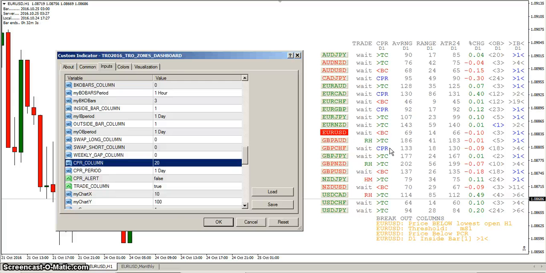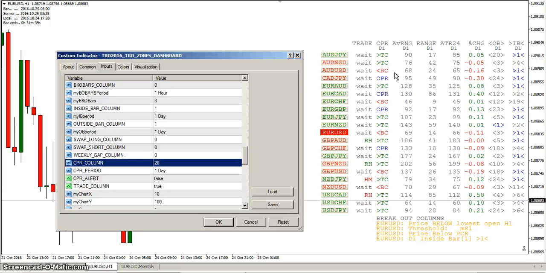And so on one side of the pivot, that would be the top, the TC, and on the other side would be the bottom, or the BC. And what I have noticed is that price likes to return to a range if it hasn't touched it, and once it gets in the range, it likes to leave it. So it's very good for breakout trades.